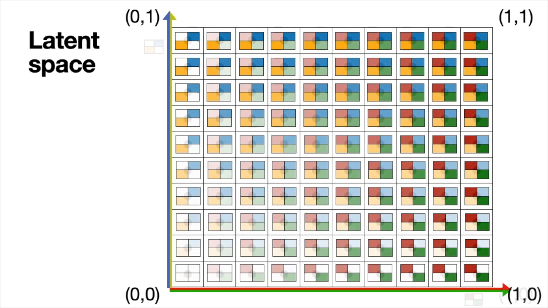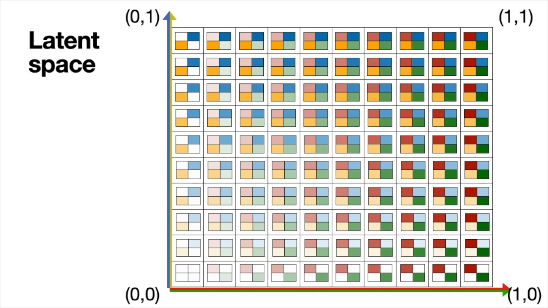So as we move to the right, the intensity of the red-green diagonal increases, and as we move from bottom to top, the intensity of the blue-yellow diagonal increases. And a nice way to visualize the latent space is like this.